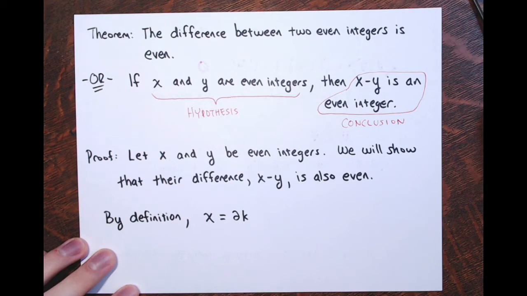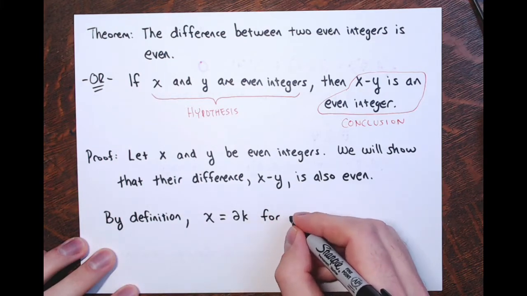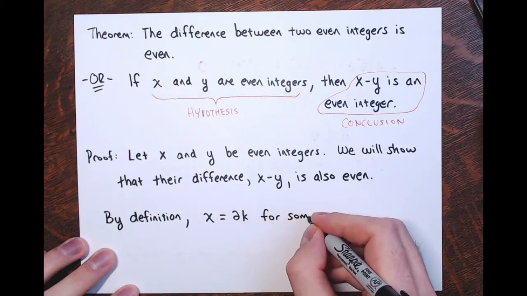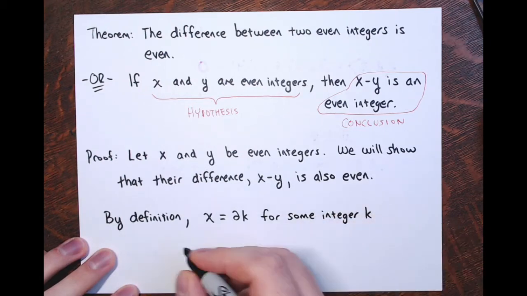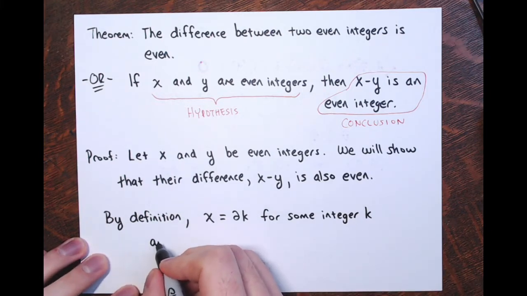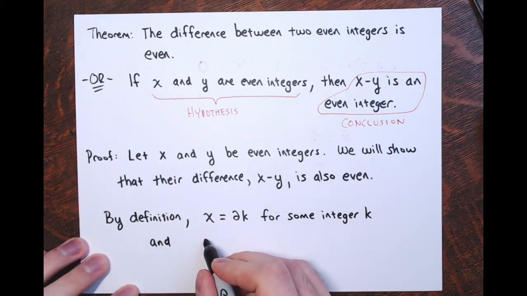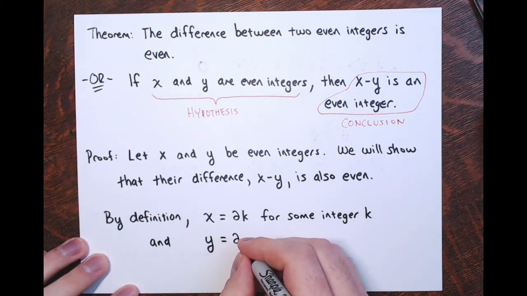This is that existential instantiation you saw in section 2.3. By definition, x equals 2k for some integer k, and we've also stated that y is an even integer. And to complete the sentence, y must be equal to, say, 2j.